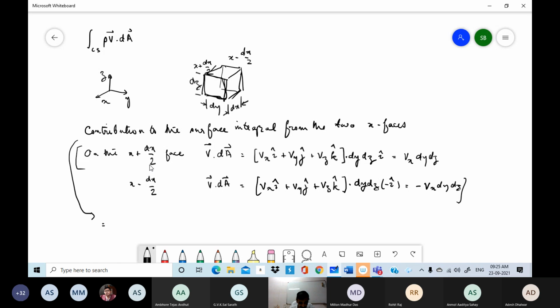So on the x plus dx by 2 face, I am considering now the contribution to the surface integral from the two x faces. So on the x plus dx by 2, I take the value of this quantity, rho Vx at x plus dx by 2, into dy into dz.